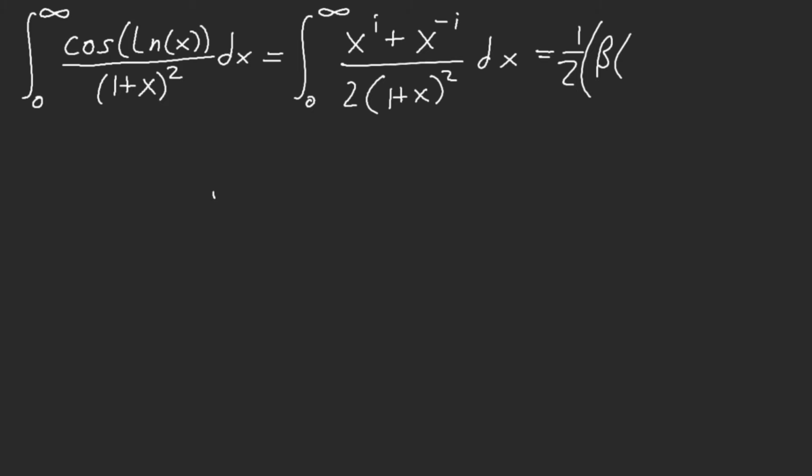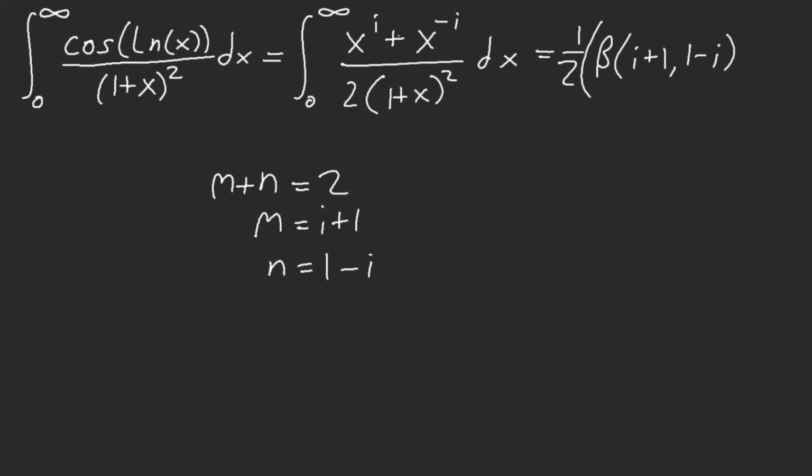So m plus n is equal to 2, right? But m is equal to i plus 1. So in that case, n is equal to, if this is i plus 1, then we would have 1 minus i, right? So we have i plus 1 here, 1 minus i here.